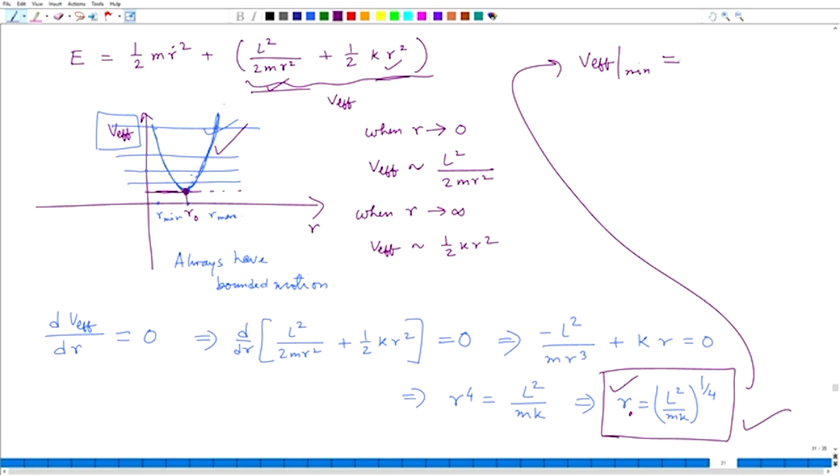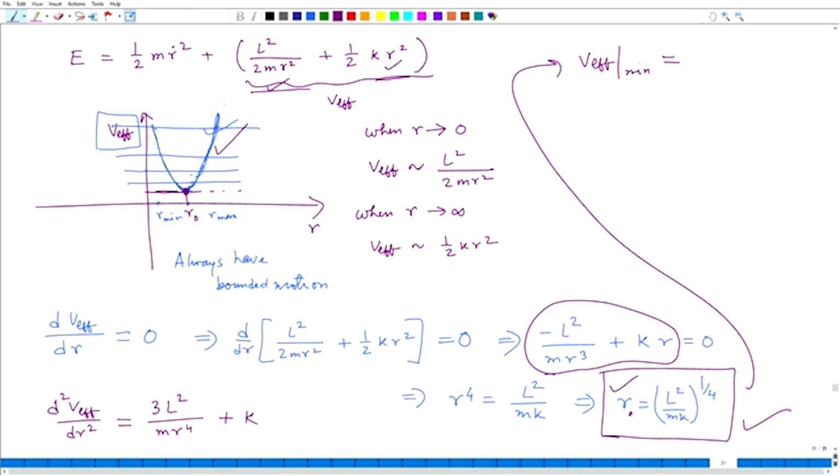Actually you can just do another step by saying, let us say, d2 V effective by dr2, which is equal to 3 L square by m r to the 4 plus k.